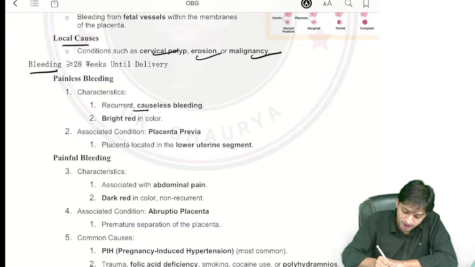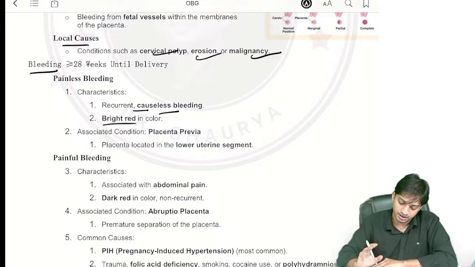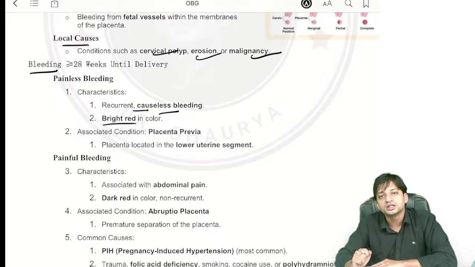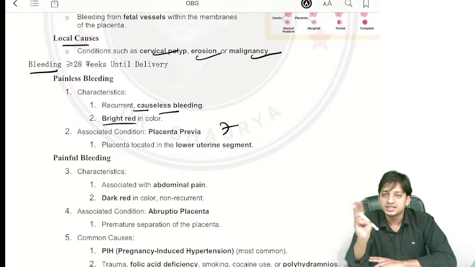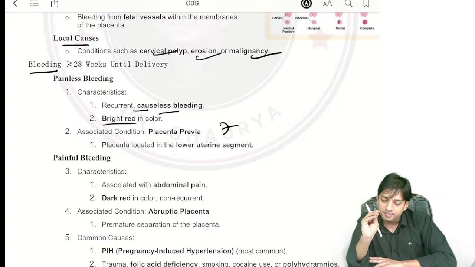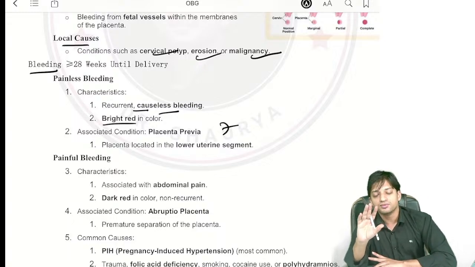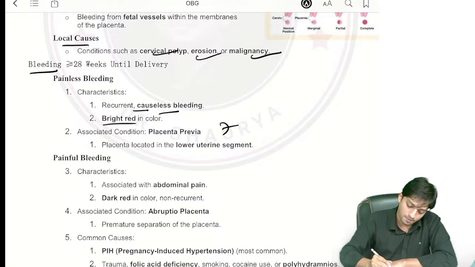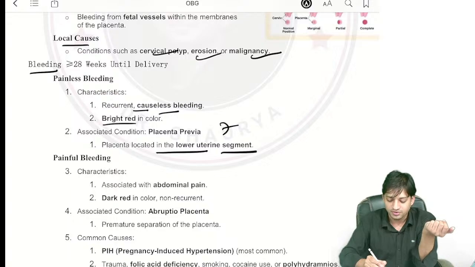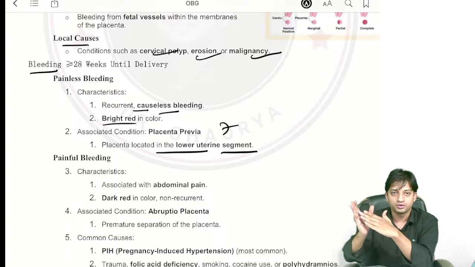If the bleeding is recurrent, painless, causeless, and bright red in color, the associated condition should be placenta previa. Simple. In placenta previa, the bleeding will be painless, causeless, recurrent, and bright red. If in the question they give you this kind of history, it is classically indicative of placenta previa. We have already discussed that placenta previa is the location of the placenta in the lower uterine segment.